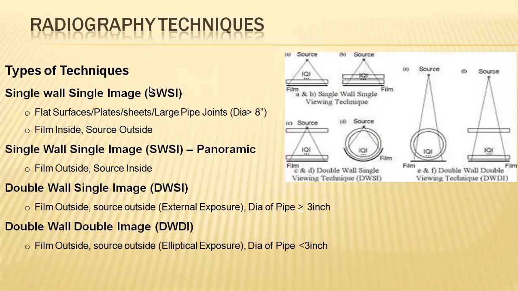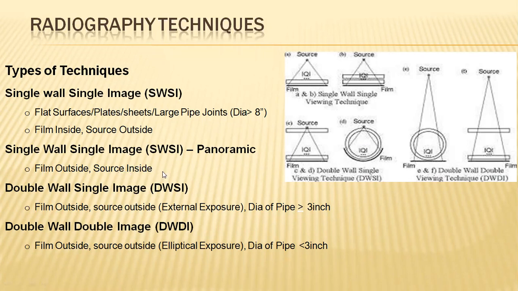So what are the different types of techniques that exist to inspect these conditions? First one is single wall, single image with respect to the panoramic situations. Here the single image in the sense only the 2D shape representations can be progressed in the single wall, single image. In the single wall panoramic situations, the entire cylindrical and both inner and outer ranges can be identified.